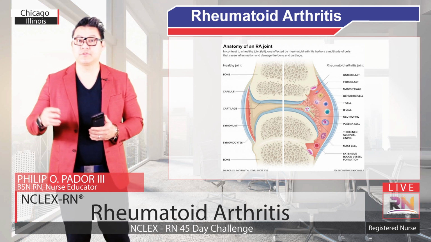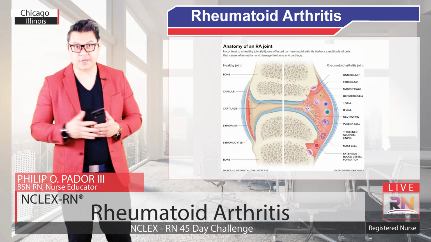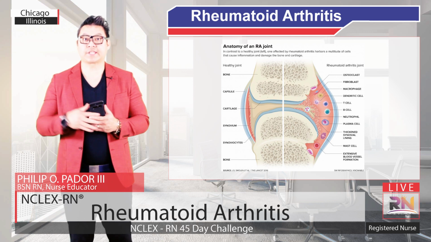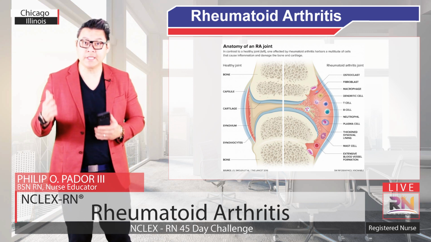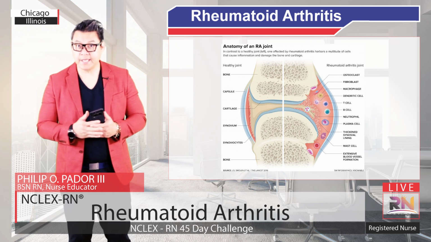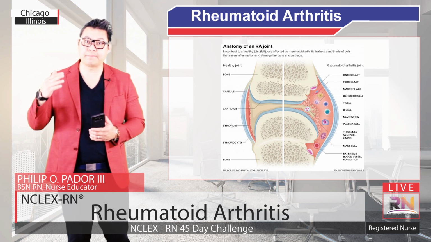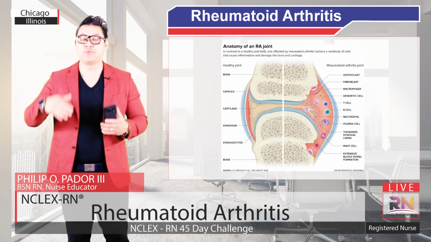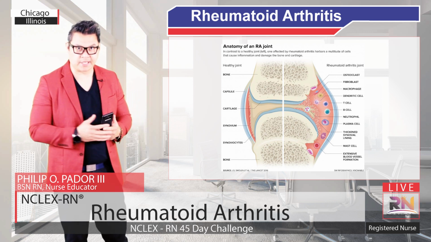One antibody is called rheumatoid factor, or RF, which is an IgM antibody that targets the constant Fc domain of the altered IgG antibodies. Another antibody is the anti-cyclic citrullinated peptide antibody, or anti-CCP, which targets the citrullinated proteins.